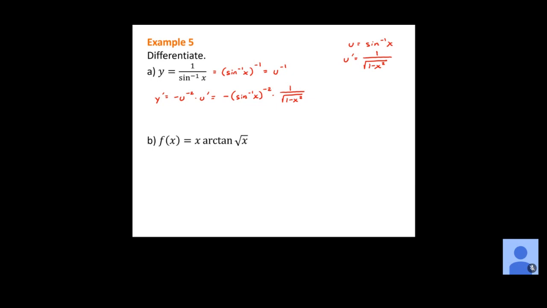And at that point, right, we have the -2 in our exponent. That means we can drop it to the denominator. We already have the square root down there also. So the only thing that stays up top is the negative and the 1. So we'll have -1 over arc sine of x squared times the square root of 1 minus x squared. That is our derivative.